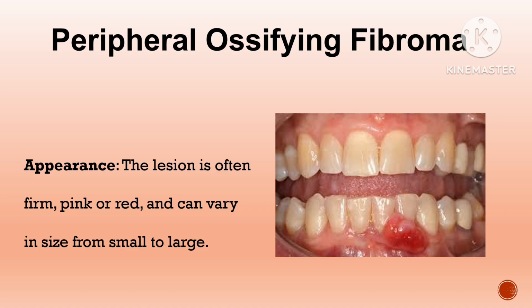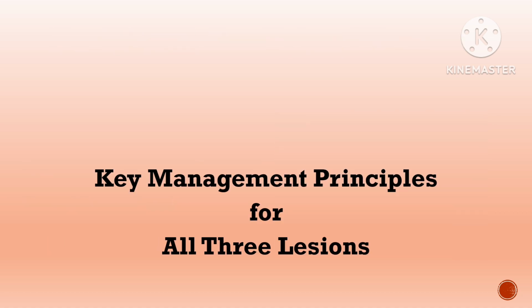Peripheral ossifying fibroma is more common in females, and usually it is seen in adolescents and young adults. It appears firm, nodular, and often pedunculated or sessile. The lesion is usually pink or red, or it may ulcerate if it is traumatized, and size is usually less than 2 centimeters.